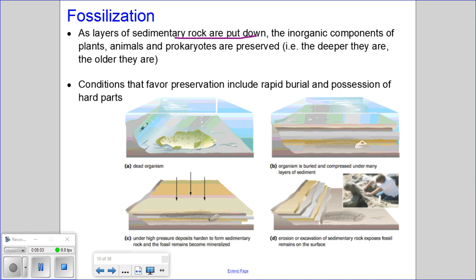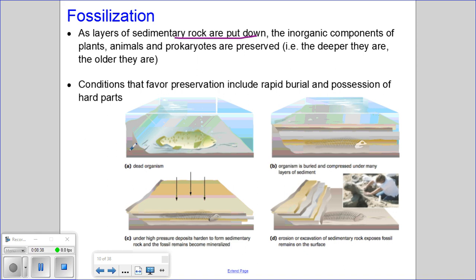So you have your dead organism, just lying there on the bottom of a lake or riverbed, sedimentary layers are going to be put down on top of it, and then it will be compressed. Over time, as that organic material decays, it should leave an impression behind of the hard portions of that organism, and then over time, that fossil can be exposed or excavated.